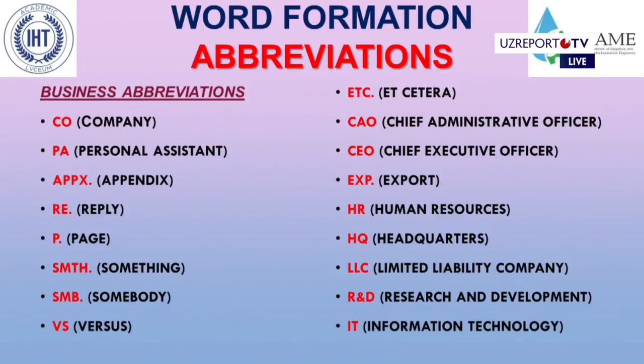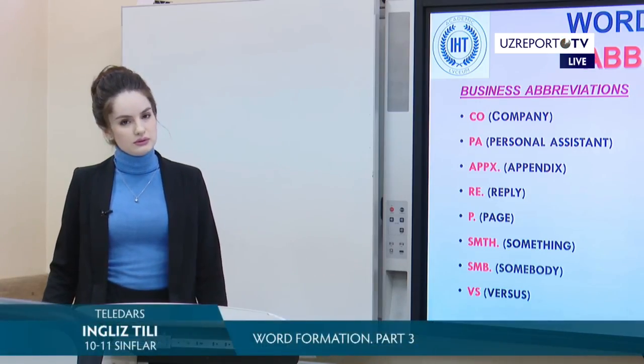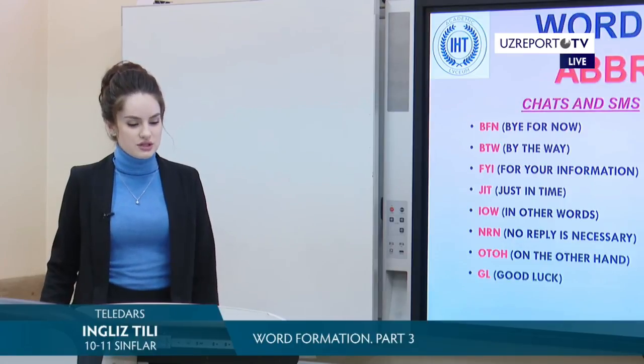Versus, etc. Chief Administrative Officer, Chief Executive Officer, Export, Human Resources, Headquarters, Limited Liability Company, Research and Development, Information Technology. Maybe one day you will need them when you work, when you do your own business. So you will use these abbreviations.